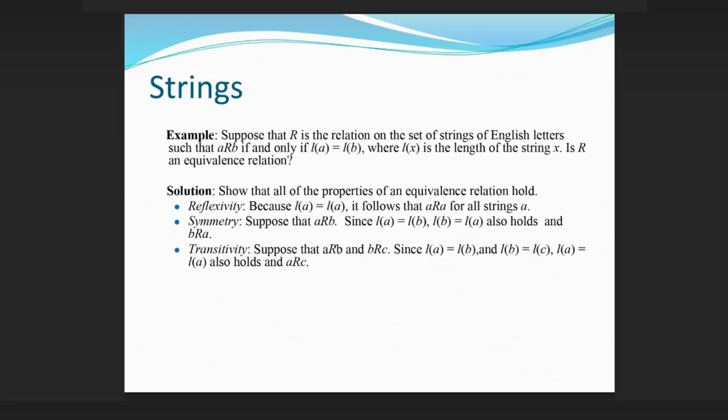Reflexivity: because l(a) equals l(a), it follows that aRa for all strings a. Symmetry: suppose that aRb. Since l(a) equals l(b), l(b) equals l(a) also holds, so bRa. Transitivity: suppose that aRb and bRc. Since l(a) equals l(b) and l(b) equals l(c), l(a) equals l(c) also holds, so aRc.